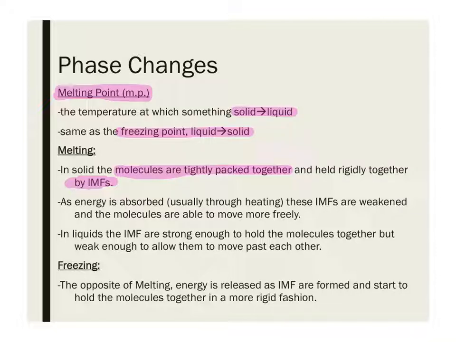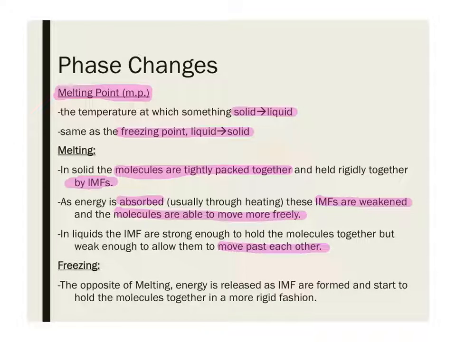So what we have going on is energy gets absorbed, and these IMFs start to weaken. And as the IMFs start to weaken, the molecules are able to move more freely. Eventually, those molecules can move past each other.